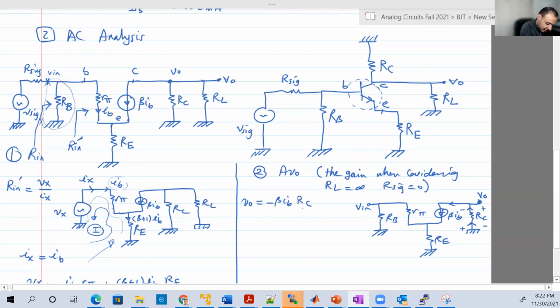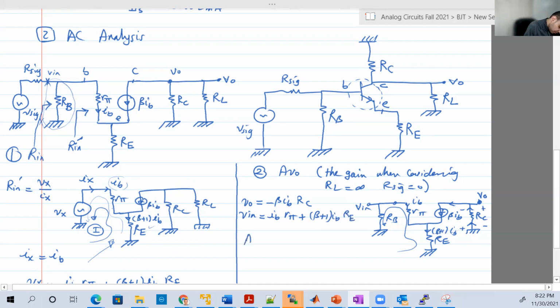What is Vn? Vn can be calculated from that loop again here. There's a voltage across R pi, and here is again IB, and here is again beta plus 1 IB, just like the one in number 1. So Vn equal to IB R pi plus beta plus 1 IB RE.